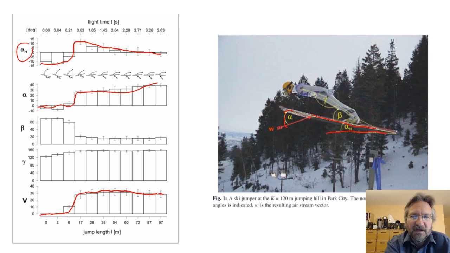And then you have gamma, which is the angle of the body, which is pretty constant, and beta, where you start kind of straight, and then you have the skis almost horizontal with the body, so this angle goes down. So that's the general framework of the physical parameters, which describes a typical professional ski jump.